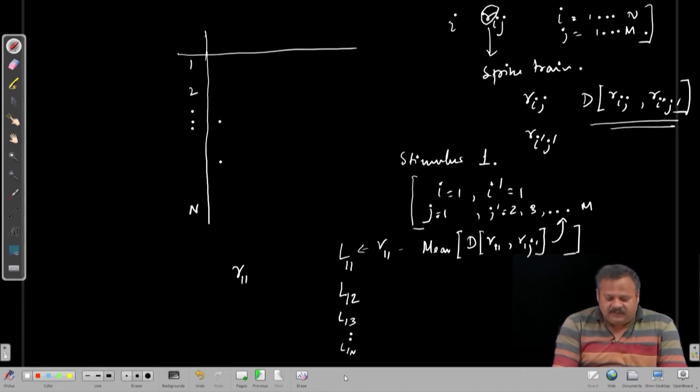So this is for the first spike train. For the first repetition, we need to let ourselves know that it is the first stimulus, so we will put a superscript of 1.